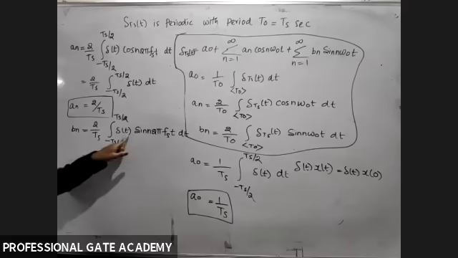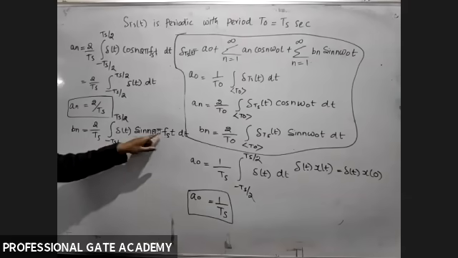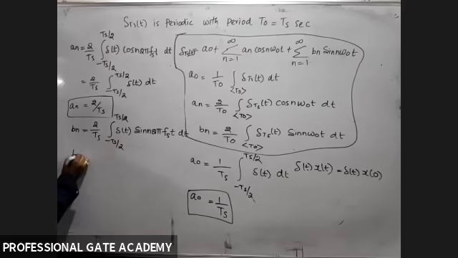Now del of t is defined only at t equal to 0. Substitute t equal to 0: sin 0 is 0, and 0 into anything is 0. So the value of Bn is 0.